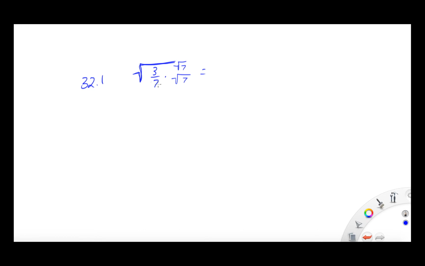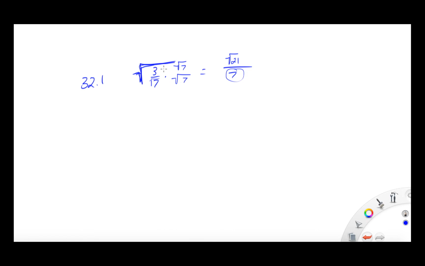So what we're left with down here is 7, since the square root of 7 times the square root of 7 equals 7. We bumped it out of the root, and then this 3 and 7 still remain. So the numerator stays in the square root, but the denominator, because we're multiplying by itself, takes a different form.